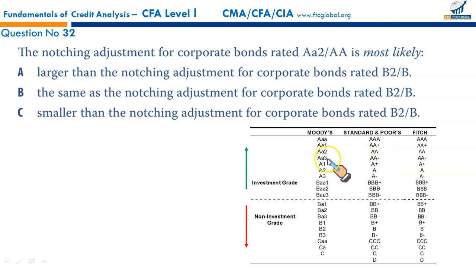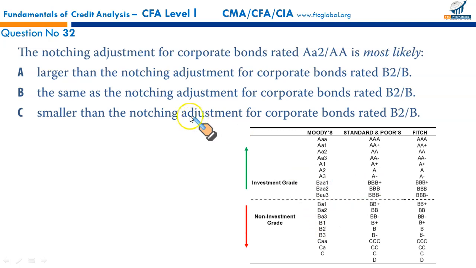The higher the senior unsecured rating, that we call the issuer rating, the smaller the notching adjustment, right? So for the corporate bonds rated as AA2 or AA, the rating agencies will typically apply smaller notches up or down compared to the notching adjustment for BBB or any lower graded bonds.